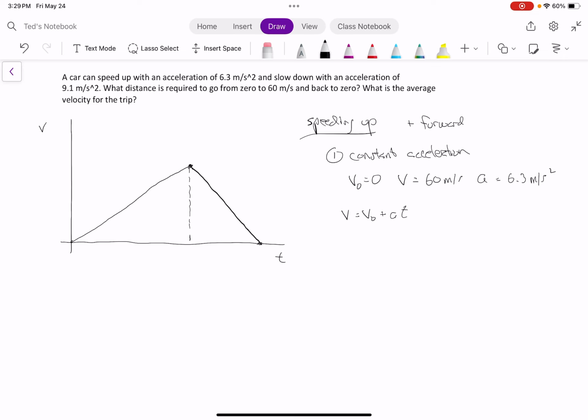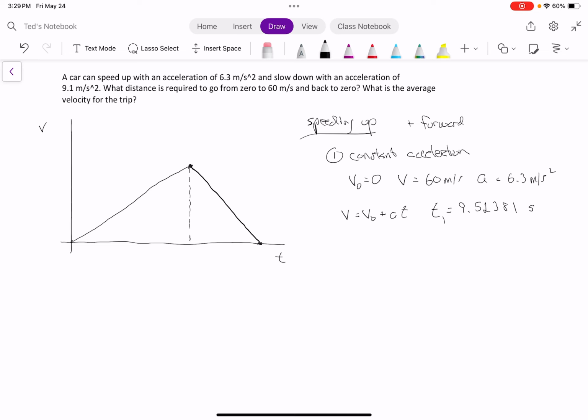So 60 divided by 6.3, the time required to speed up, is 9.5238 seconds. And notice I wrote down a lot of digits because we're not done with the problem yet, and if I ever use that again, I want to have all the digits to plug into my calculator.